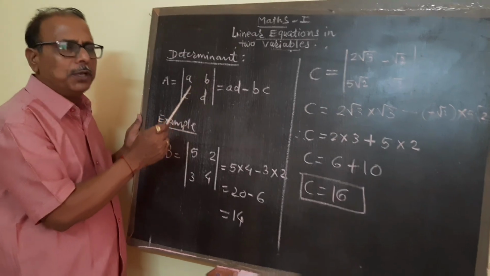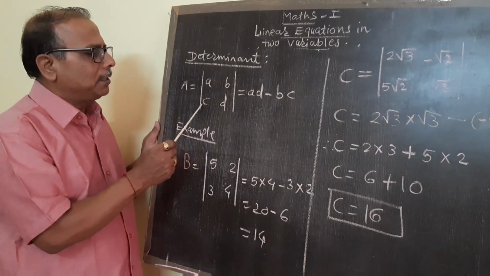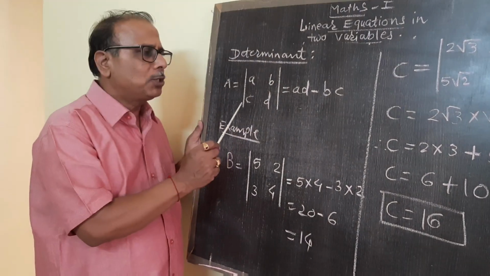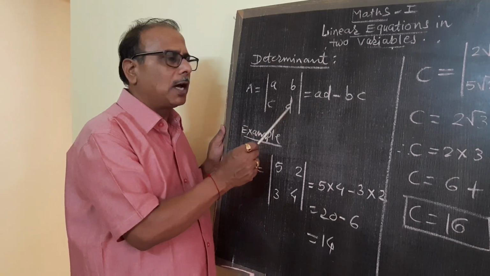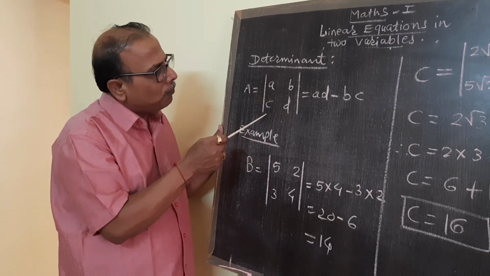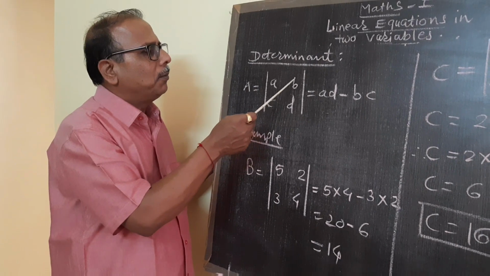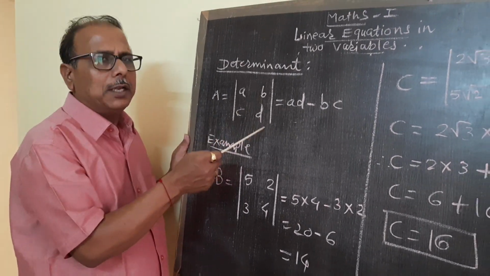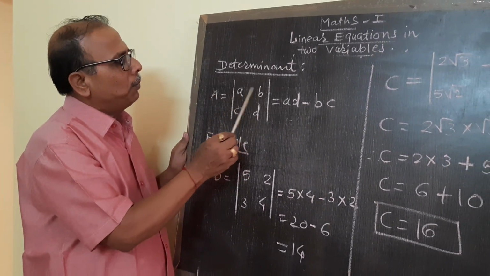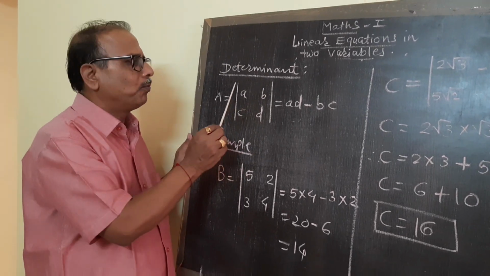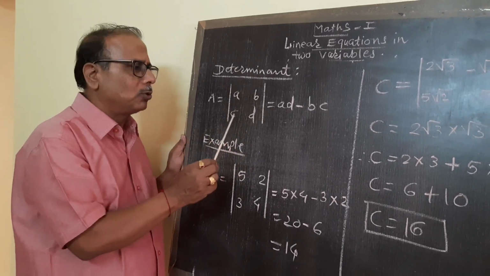The first row is a and b, and the second row is c and d. One column is a and c, and the other column is b and d.